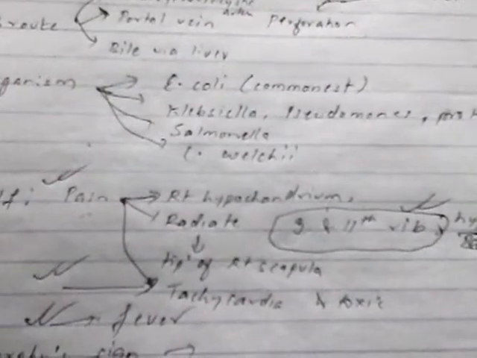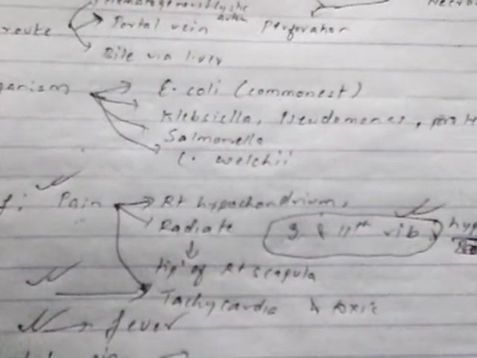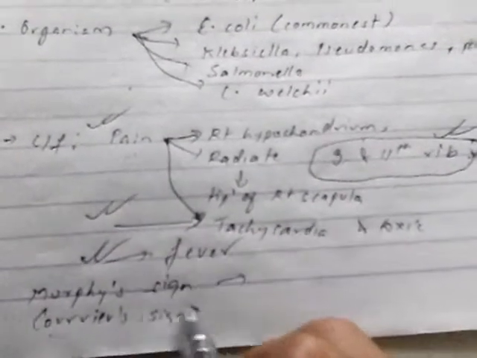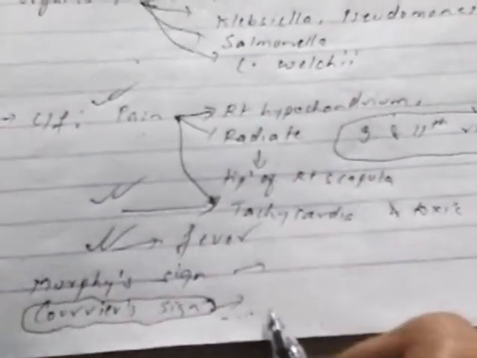This should be distinguished from Courvoisier sign, which is found in periampullary or pancreatic malignancy, where there is a non-tender but palpable gallbladder.